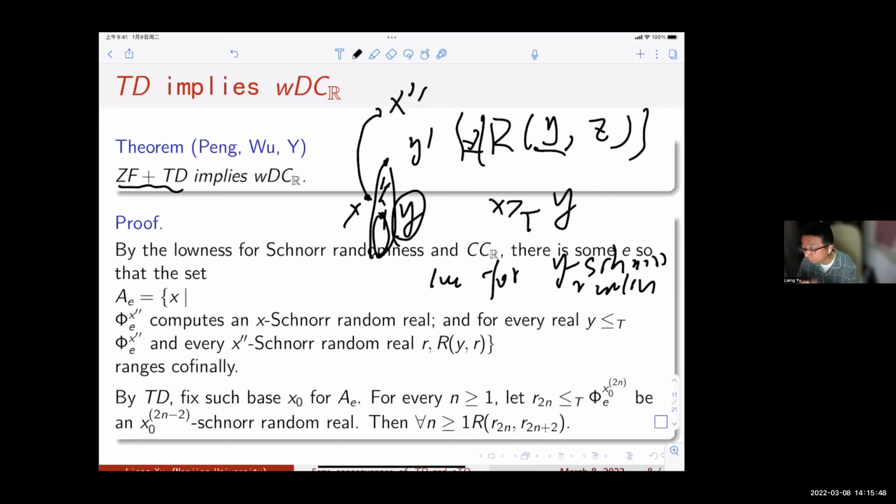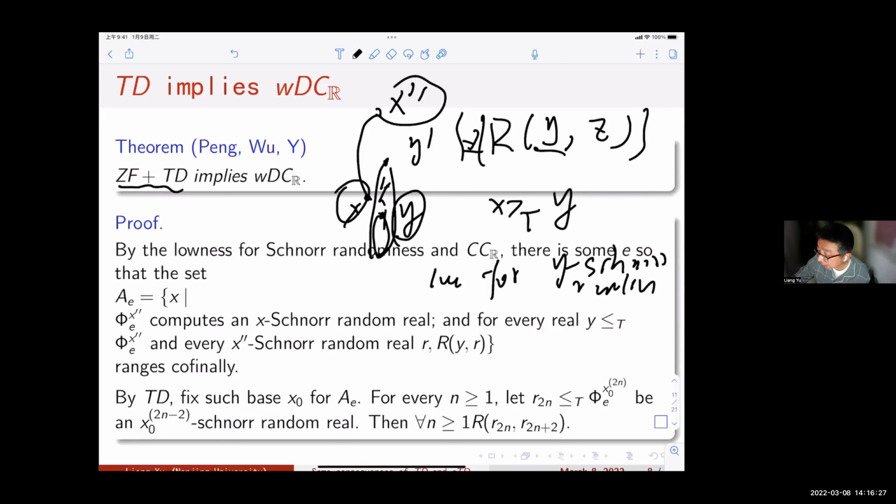This is the advantage of lowness for Schnorr random: because of the double jump, we can use forcing to build a perfect set of reals low for Schnorr random, computable by y double jump, where every path in it can have arbitrarily high Turing degree of the double jump. So such x exists.